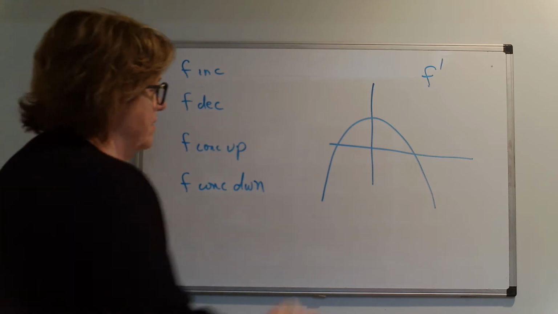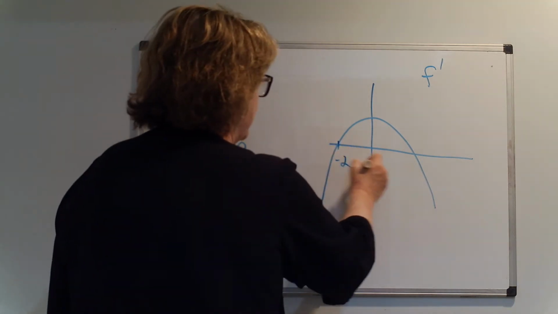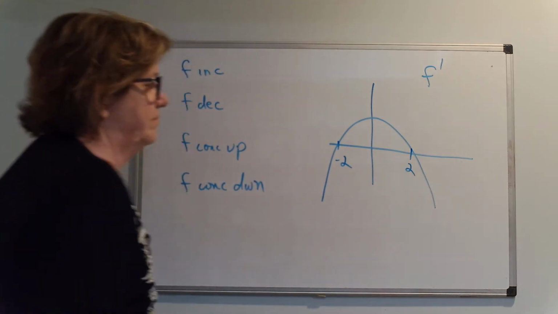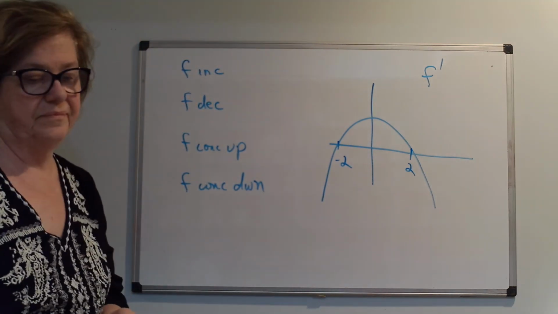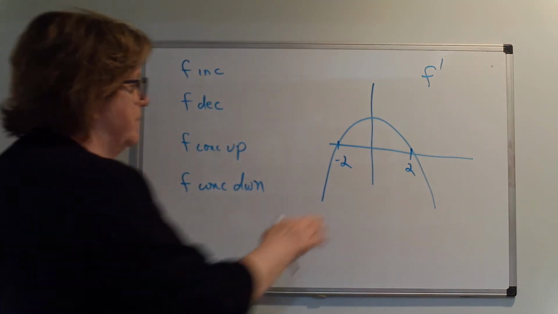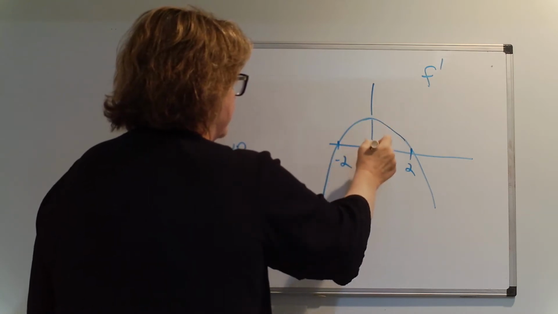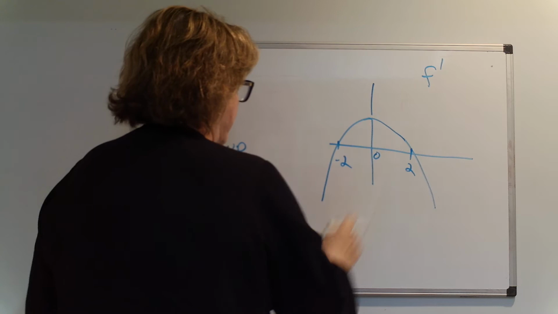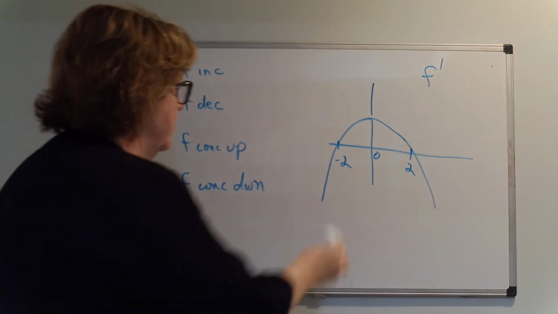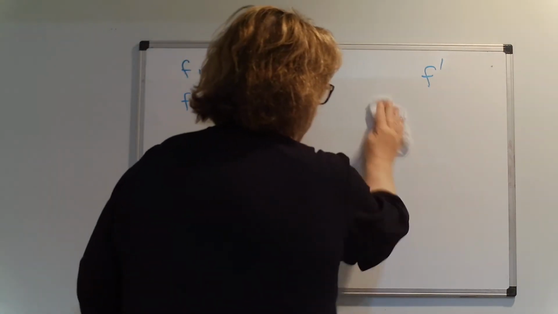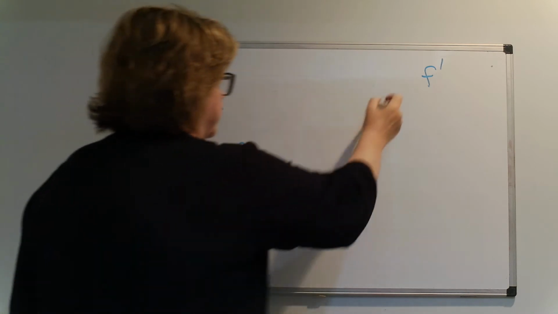So where, meaning on what intervals? So let's say this is -2 to 2, and this is at 0. Let me just do that again so it looks a little better.